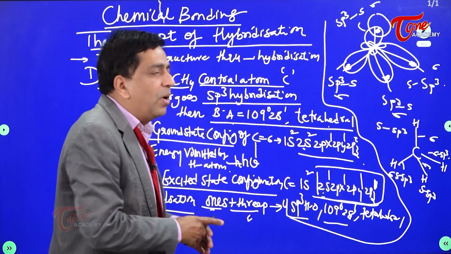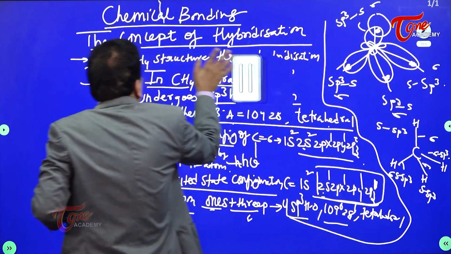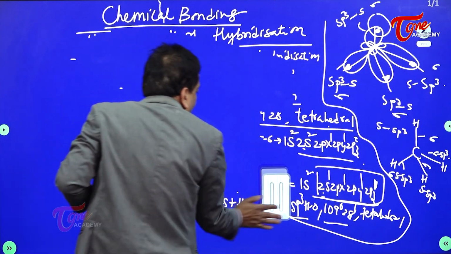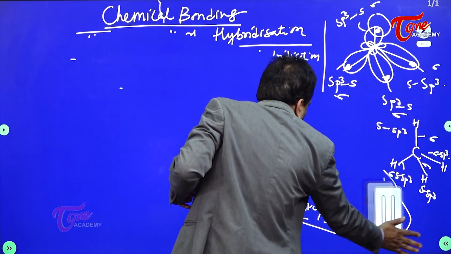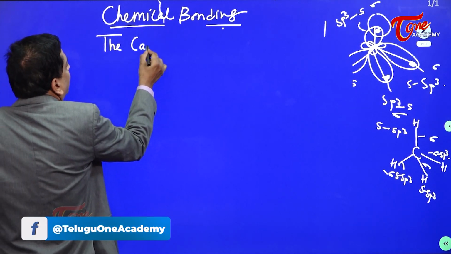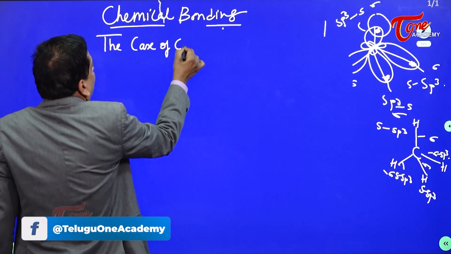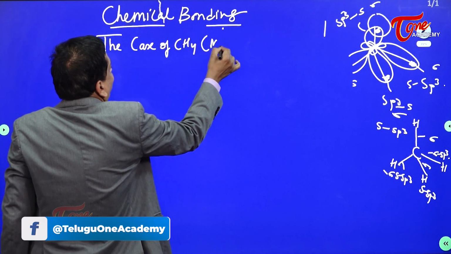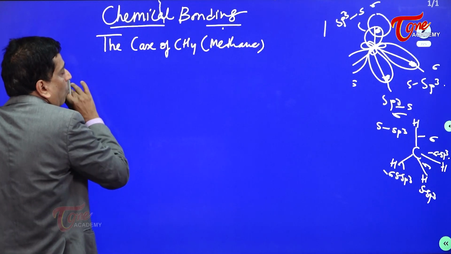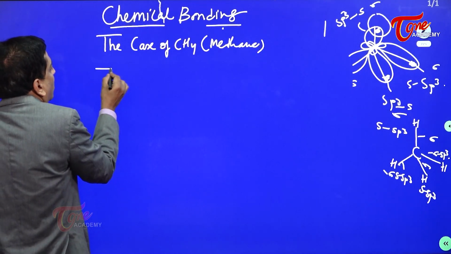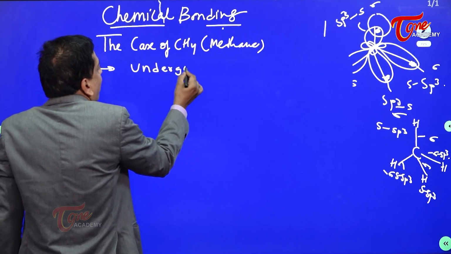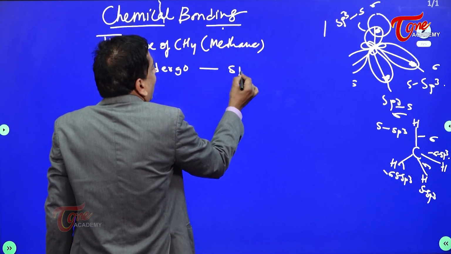So if I can put it properly, the same methane molecule, look here, these are the highlights of methane. What are the features of it? First, it will undergo sp3 hybridization.